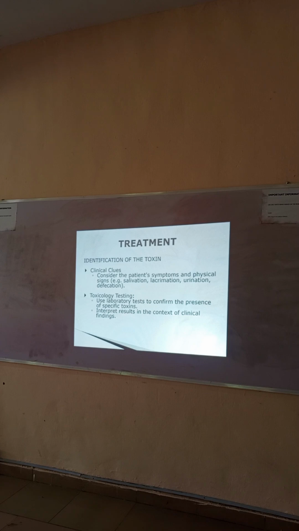So identification of the toxin, clinical clues: consider the patient's symptoms and physical signs, e.g. salivation, lacrimation, urination, defecation. Toxicology testing: use laboratory tests to confirm the presence of specific toxins, and interpret results in the context of clinical findings.